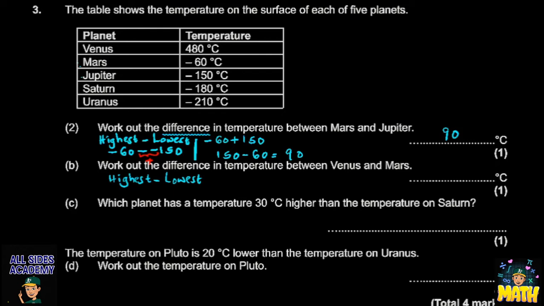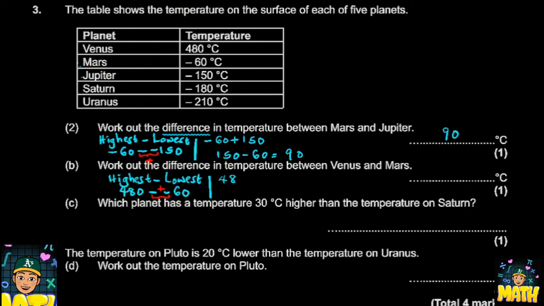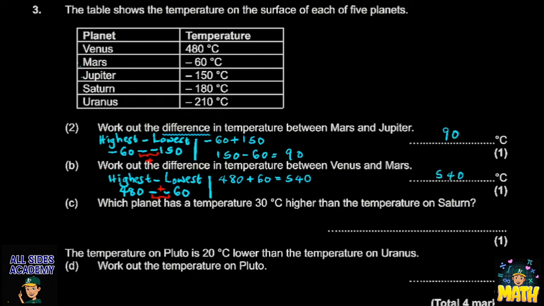So 480 minus -60. So the two negatives will become positive. So we write that as 480 plus 60, and that gives us 540 degrees Celsius as our temperature difference.